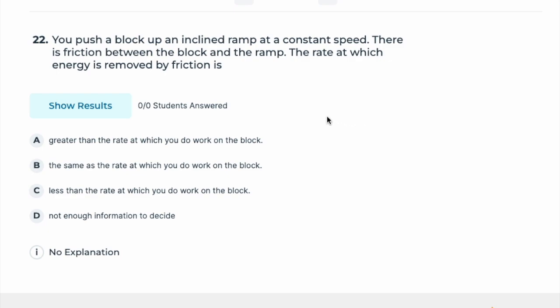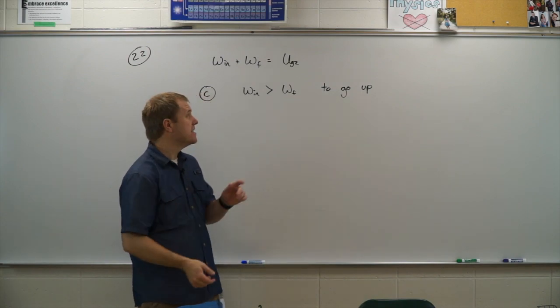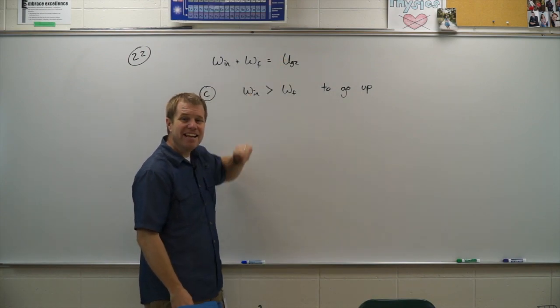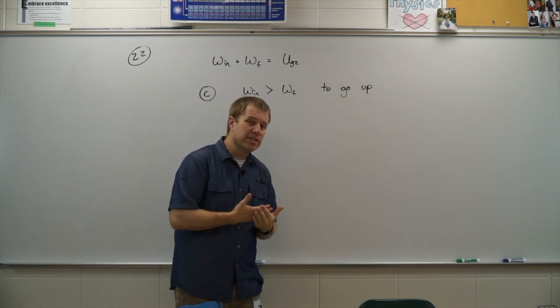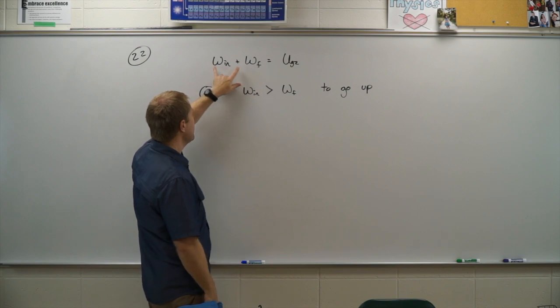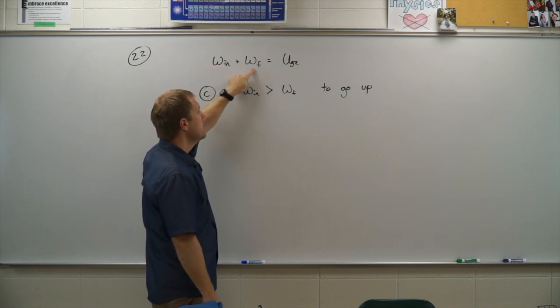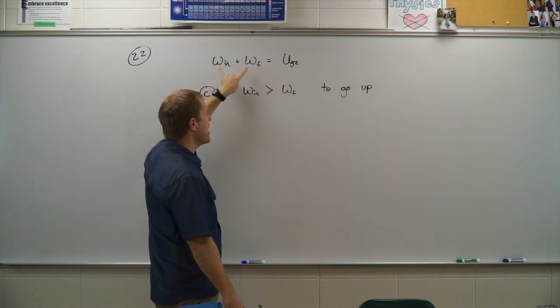You push a block up an incline at a constant speed. There is friction between the block and the ramp. The rate at which energy is removed by friction is? All right, again, we have constant speed here, so the net work is 0, but we do have an incline, so gravity's going to be doing some work in there too, so we're going to be moving in some potential energy. So when I think about my work-kinetic energy theorem, I have work in, I have work done by friction, but now it's not going to be equal to 0, so they're not going to be equal and opposite.